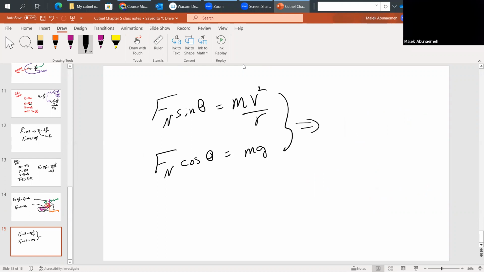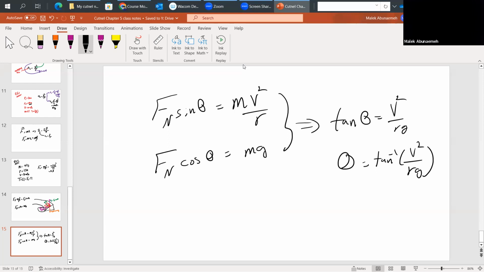Out of these two, if you calculate tan theta, it's going to equal v squared over rg. That means the angle is going to equal inverse tan of v squared over r times your gravity.